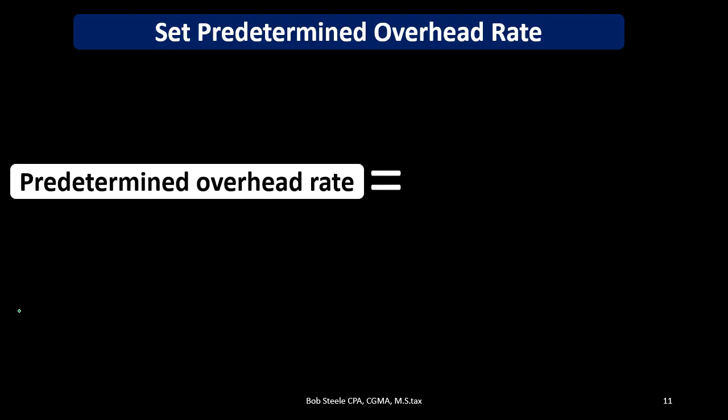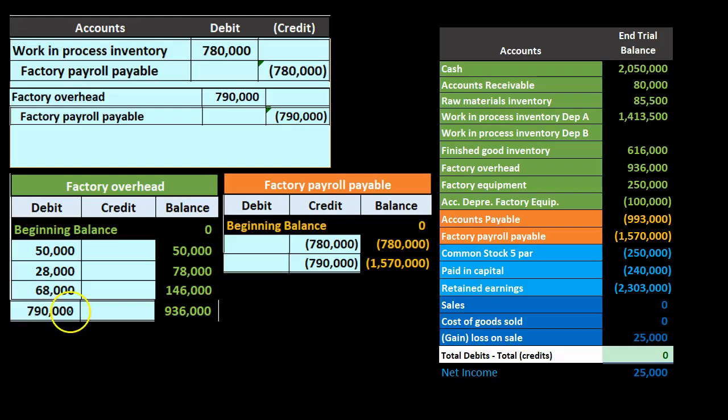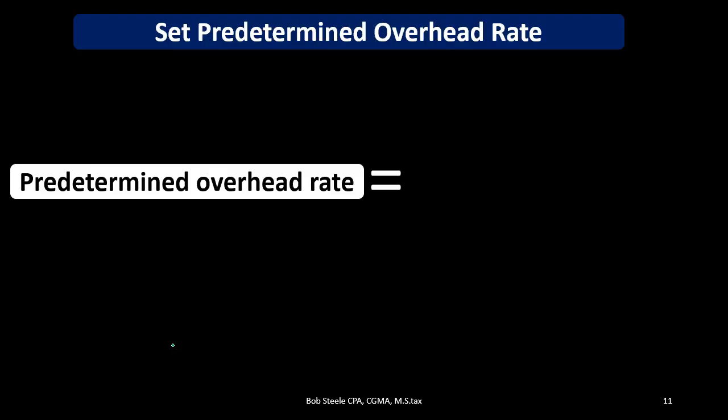When we think about estimating what the factory overhead predetermined rate should be, we're going to base it usually on the prior period. So we're going to consider the prior period and use the prior period numbers and possibly make adjustments to them to account for what we think might happen in the current period. And then we're going to make a predetermined overhead rate based on that.